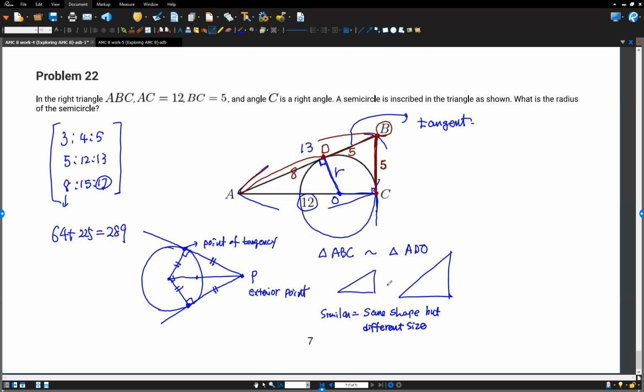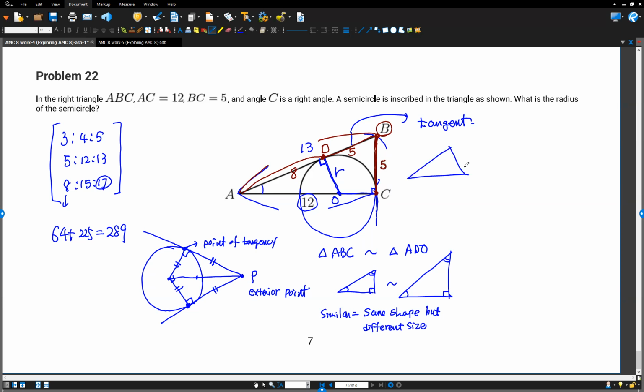That is similar. But when you take a right angle, it doesn't change. Angle is always equal, but size changes. That we call similar. So this angle, I'm going to take on.